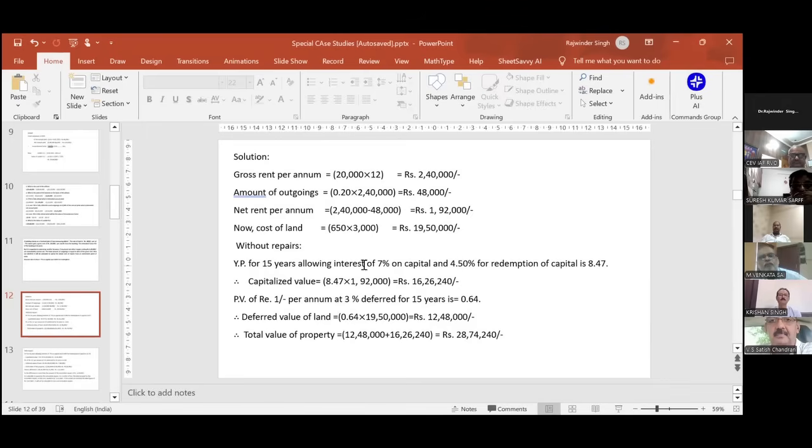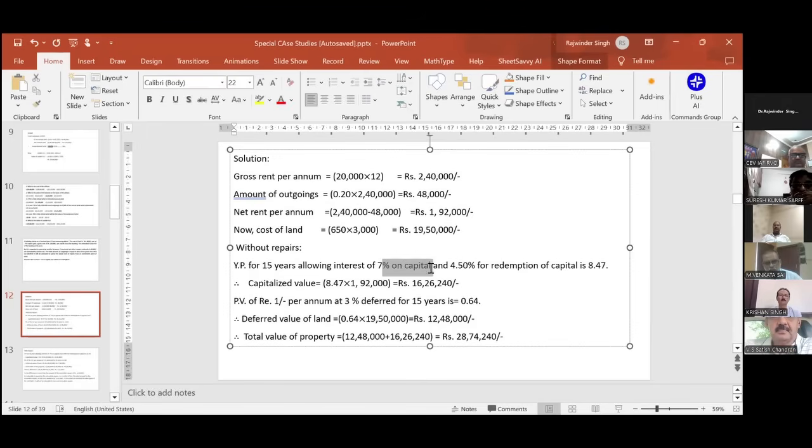So this is given to you, 7% on capital and 4.5% on redemption. You calculate YP dual rate. YP dual rate comes out to be 8.47. You can find it out easily. You know the formula for YP dual rate. It is 1 upon R plus IC. So the capitalized value of 1,92,000 is 1,92,000 into 8.47. It is 16,26,240.